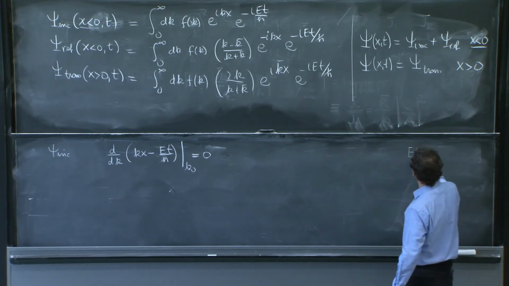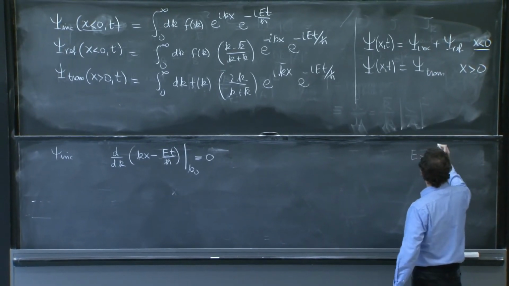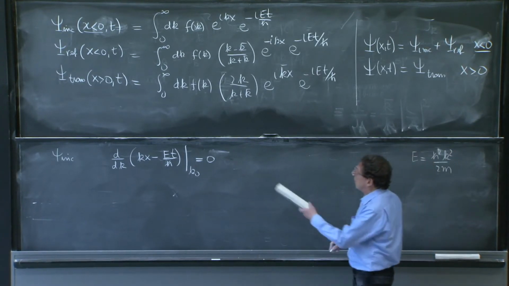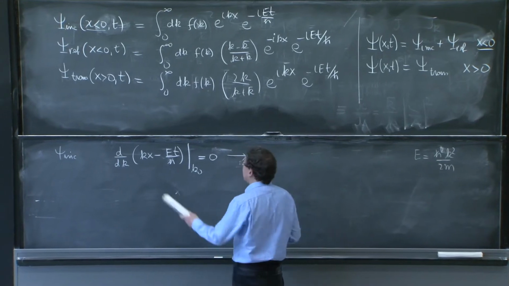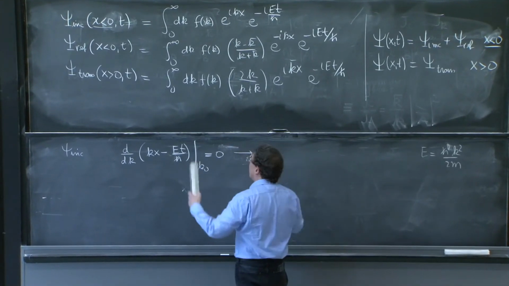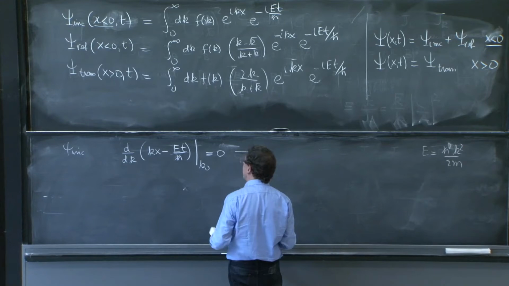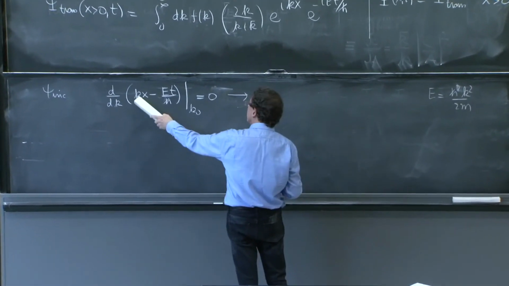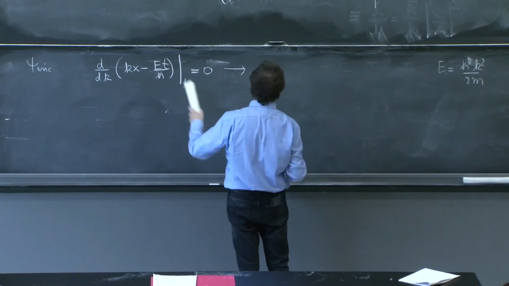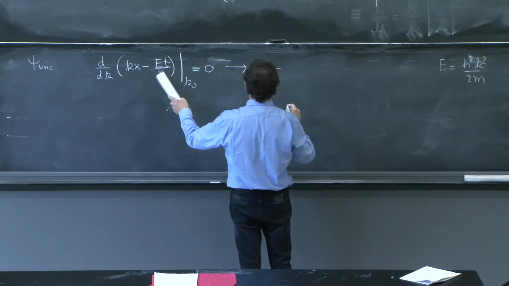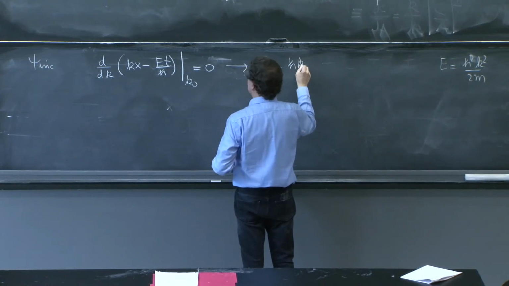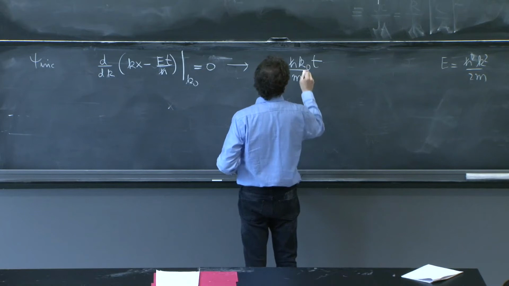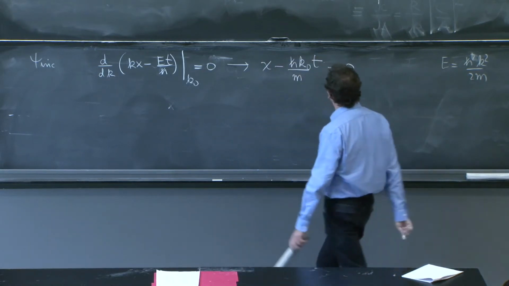Now remember that E is equal to h bar squared k squared over 2m. So what does this give you? That the peak of the wave packet is localized at the place where the following condition holds: x minus (dE/dk with an h bar, which gives you h bar k t over m) evaluated at k naught equals 0.